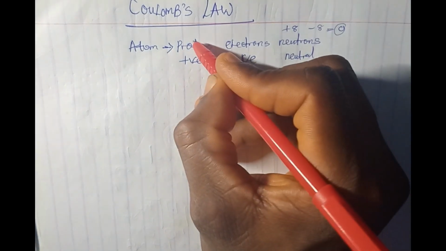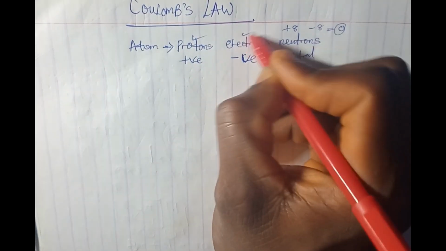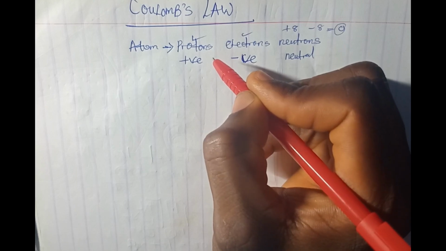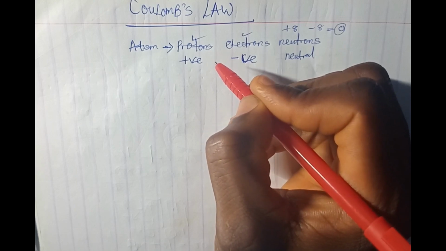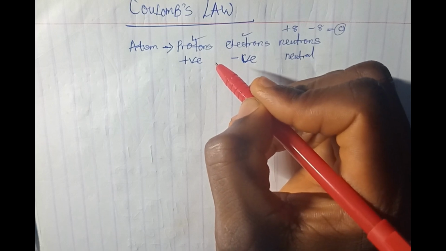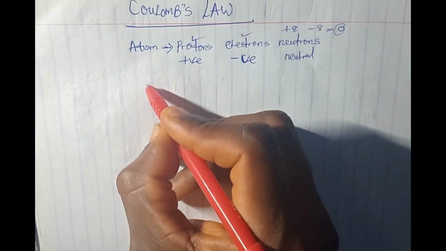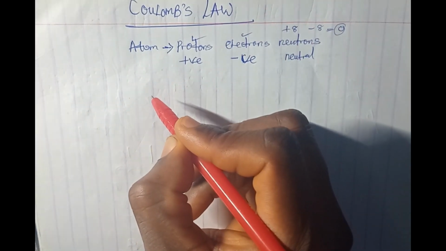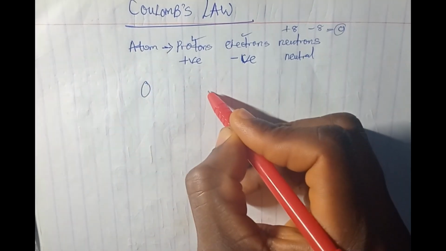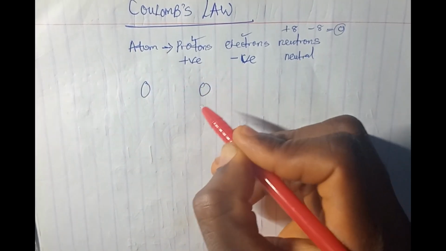Now, what I'm trying to bring out here is this. From Coulomb's law, we're told that when two charges, listen up, we are considering two point charges, that are charges that are very small, come together, it is either these two charges attract themselves or they repel themselves.